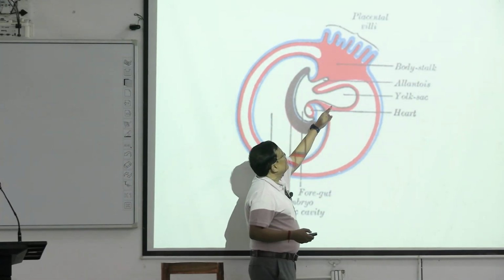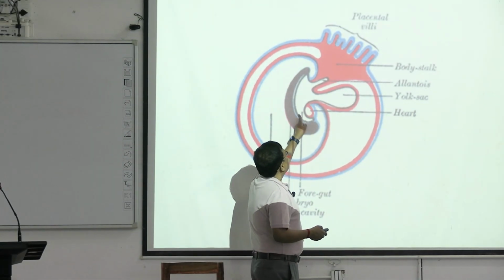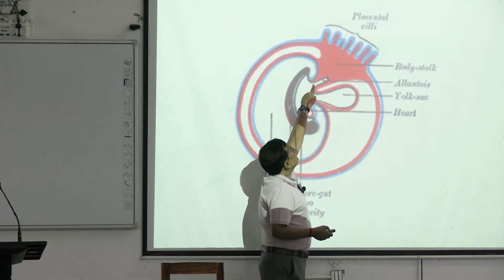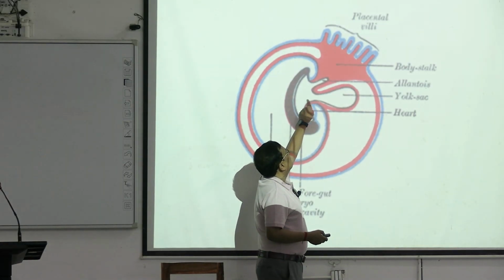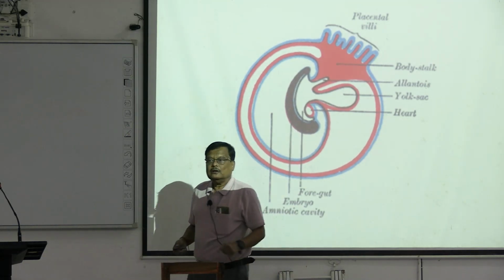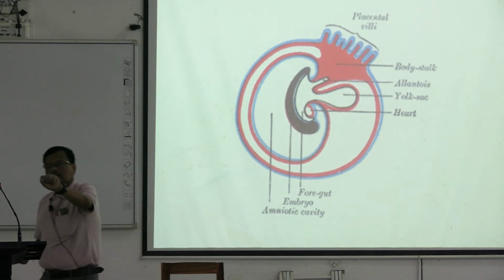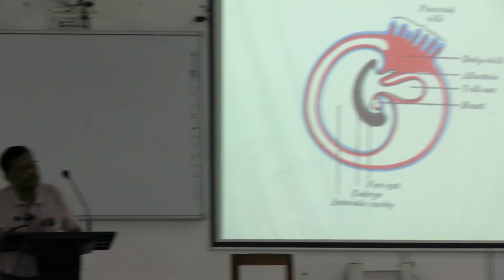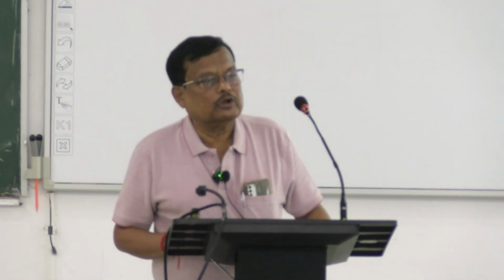See, a part of the yolk sac is used to produce the digestive system and a part remains as allantois. Allantois is initially continuous with the urinary bladder in our body, but after that this connection gets closed and it becomes a ligament. We call it the urachus.